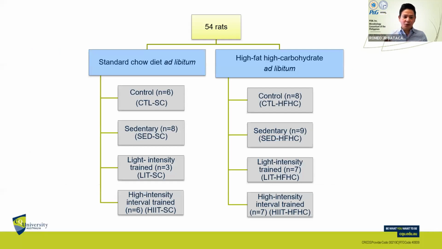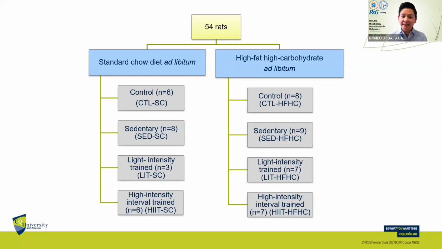So the current literature so far has not compared the effect of different activity types or different intensities and diets on gut microbiota, which is important in understanding how changes to activity and diet can influence gut microbiota and in turn disease risk.